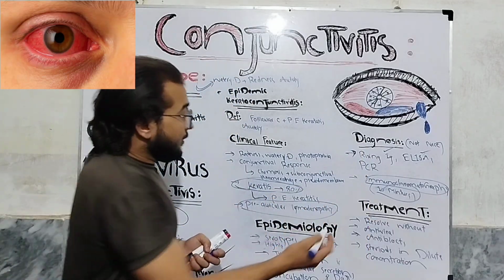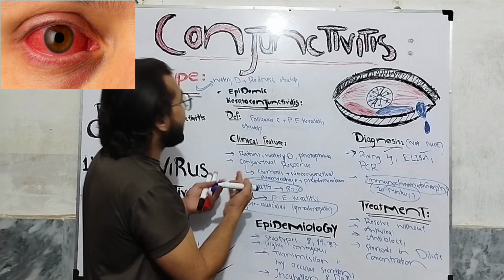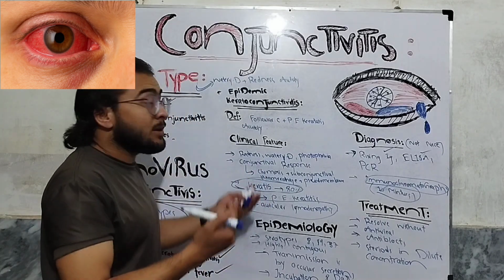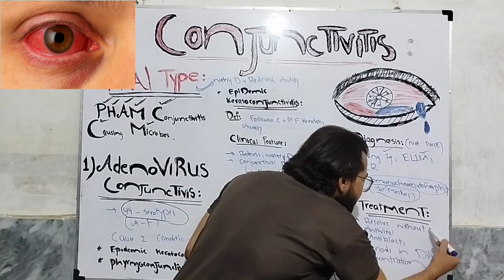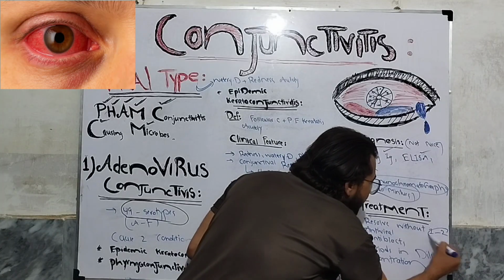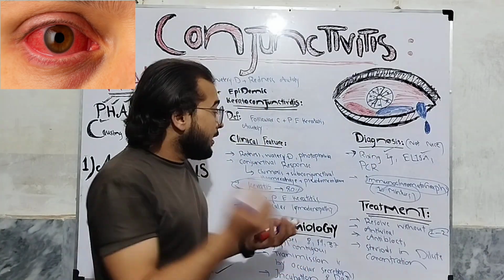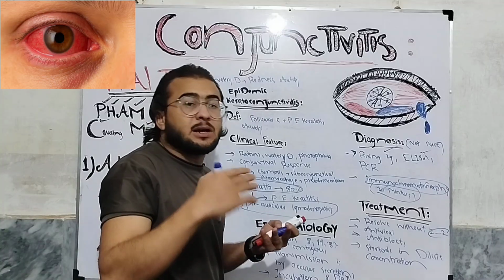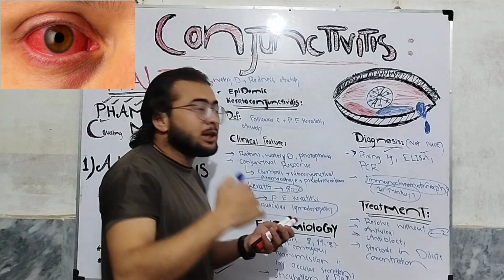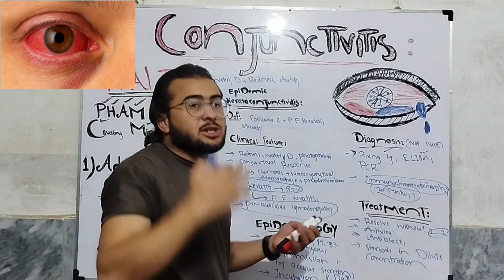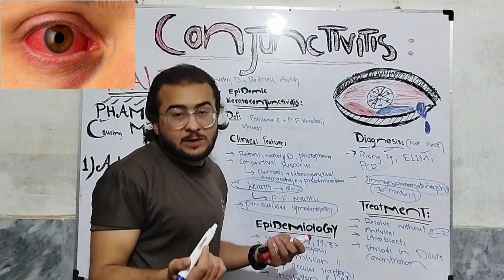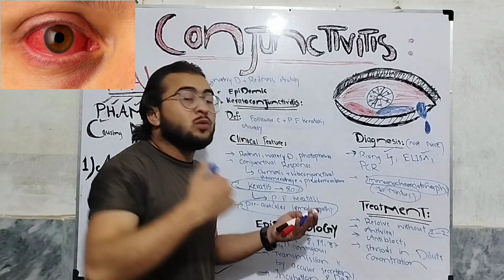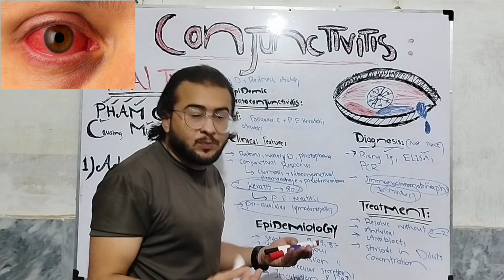Treatment options: as I told you, epidemic keratoconjunctivitis is a viral condition, so it can resolve within 1 to 2 weeks without any treatment. Because of the inflammation and immunosuppression, secondary bacterial infection can develop, and for this we can use antibiotics.